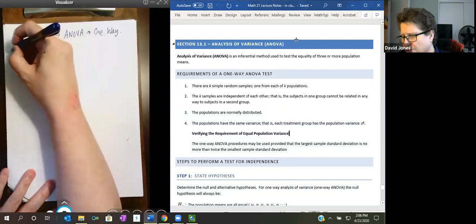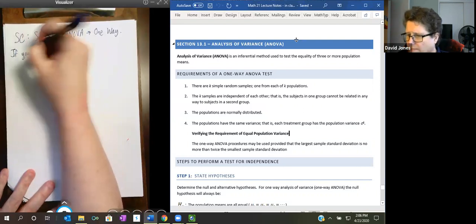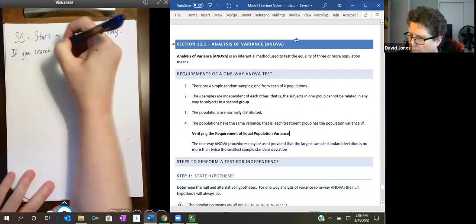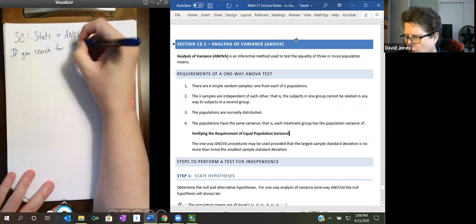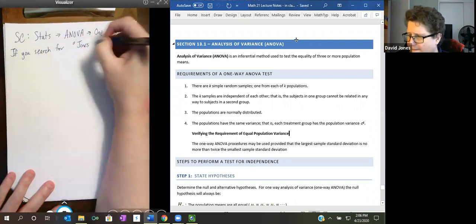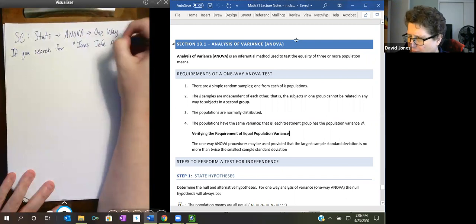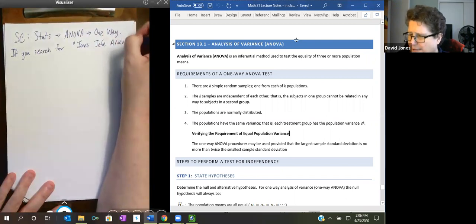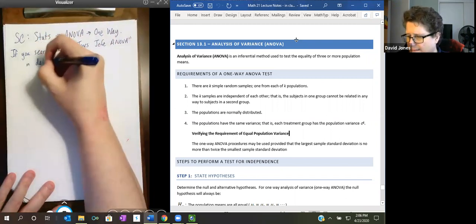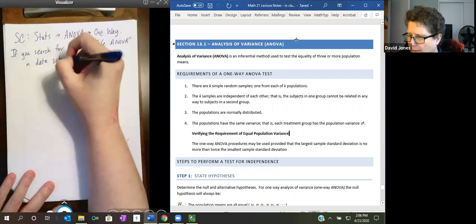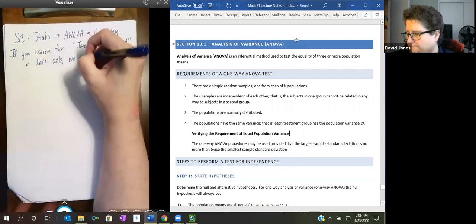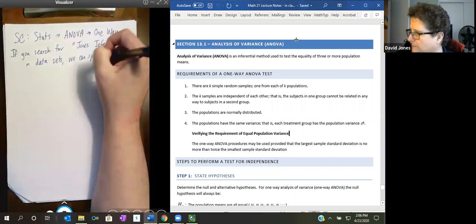If you search for Jones FA ANOVA in datasets, we can speed this up, and let's do that right now.